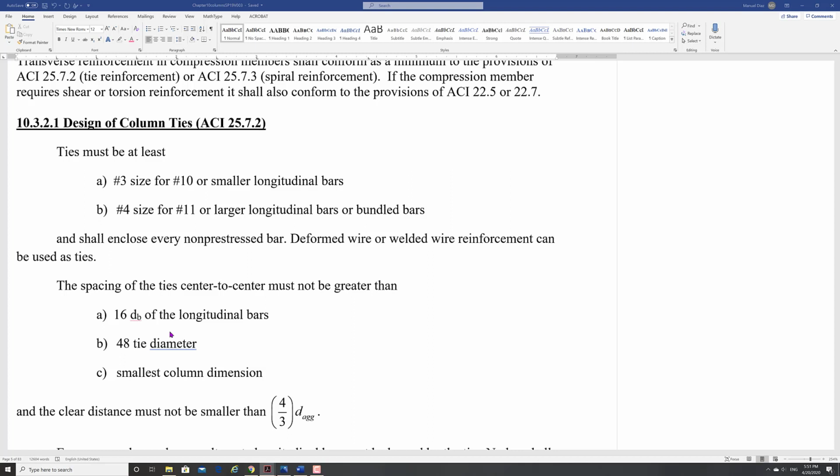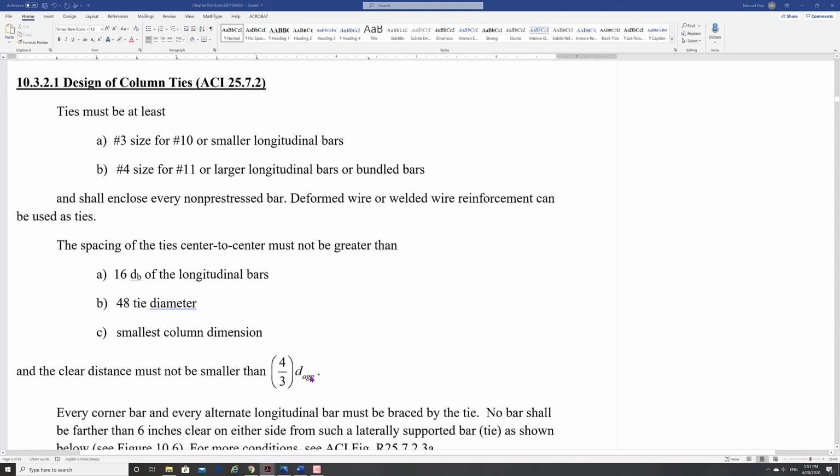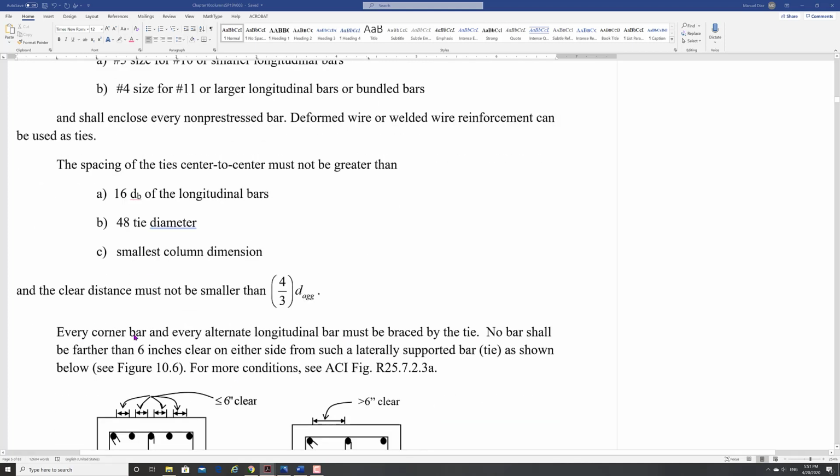It has nothing to do with the shear strength that you may need due to loads. The clear distance cannot be smaller than this. We already saw that, right? And every corner bar and every alternate bar must have a tie. No bar shall be further than 6 inches clear on either side from a lateral support.